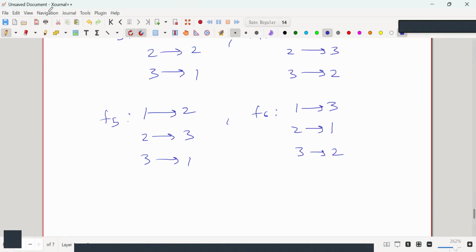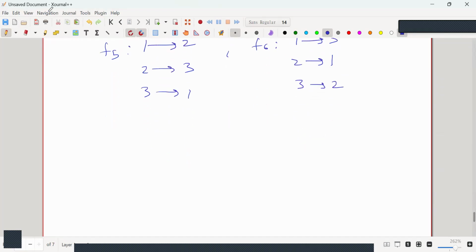Okay, so then S3 is just the set of all bijections, right? In fact, it's a group.